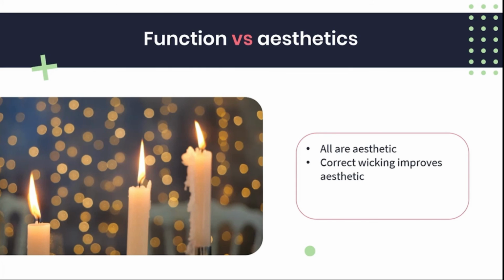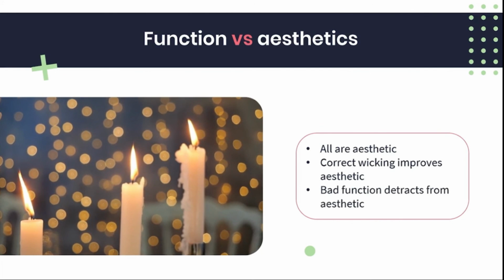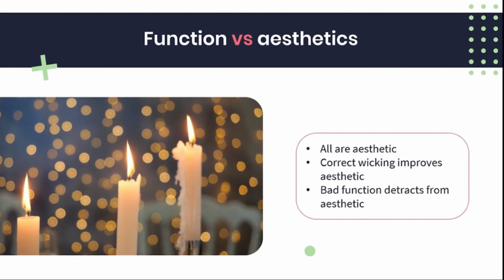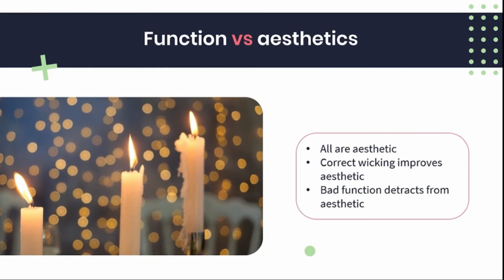A badly wicked candle, perhaps one that hasn't been trimmed to the right length, will burn with a large flame that flickers intermittently, shoots soot onto the surrounding surfaces, and emits vast amounts of black smoke from its flame. None of these outcomes will contribute to a pleasing aesthetic experience for the viewer of your candle. These same factors will also result in a poor functional value.